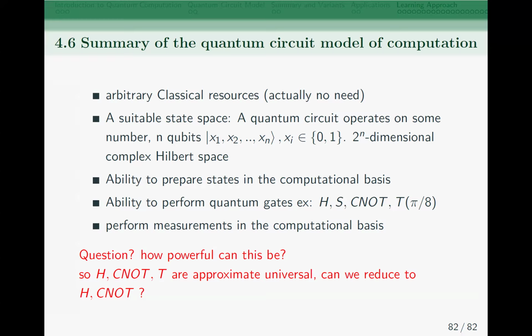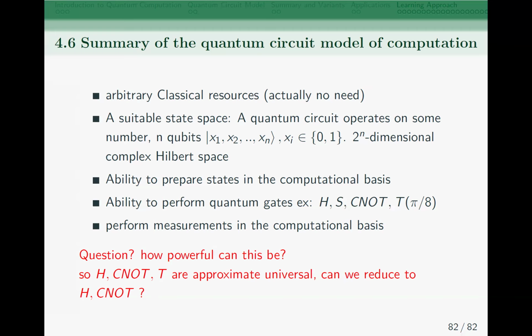Okay, so let me tell you the answer. The answer is no. But if you go online, there are some people saying that the reason why this is not universal is simple: Hadamard, if you write it in the computational basis, is 1 over square root 2 times [1 1; 1 -1], and the CNOT is just [1 0 0 0; 0 1 0 0; 0 0 0 1; 0 0 1 0]. And there are people saying that they are not universal because there is no imaginary number here.